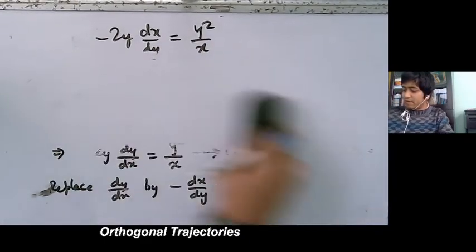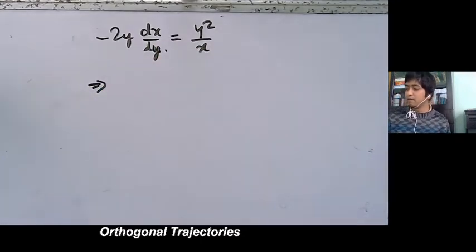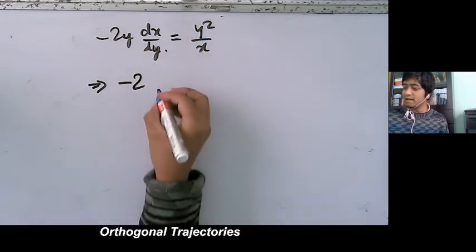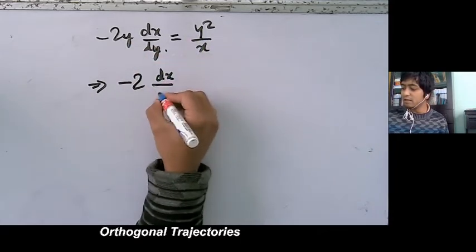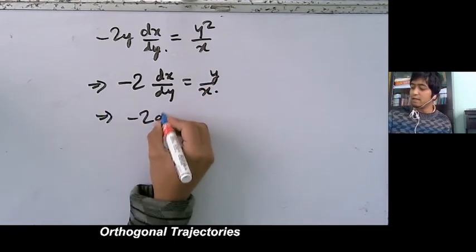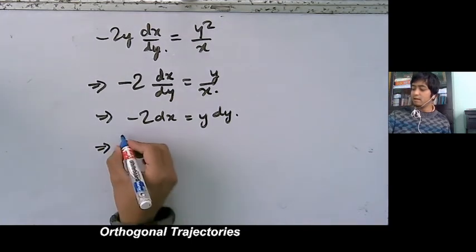Again, we can separate the variables and integrate. Over here minus 2, and this y will get cancelled, so I will just write minus 2 dx equals y upon x dy... minus 2 dx equals y dy, and then we can integrate.